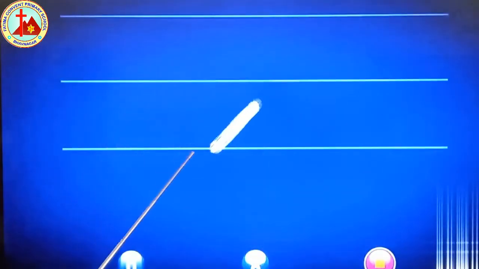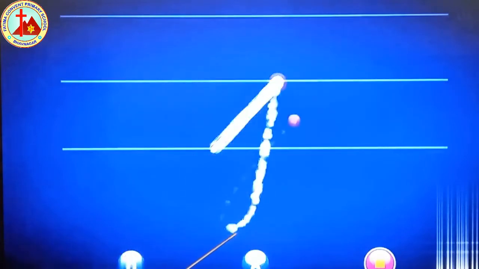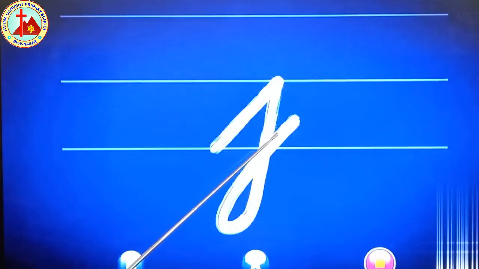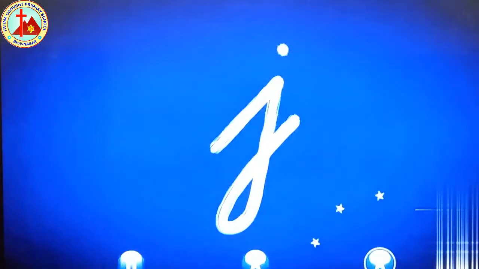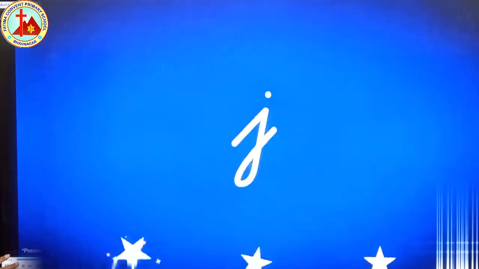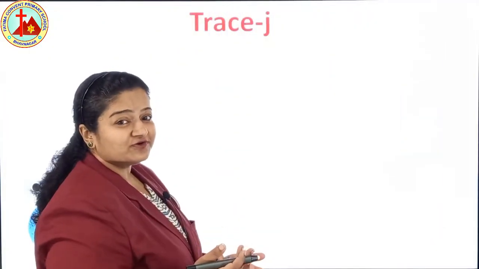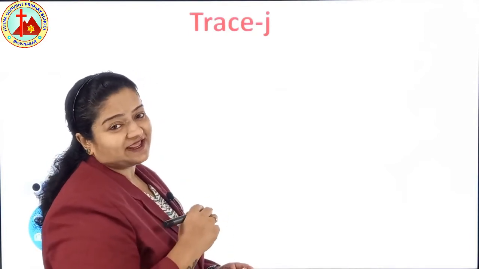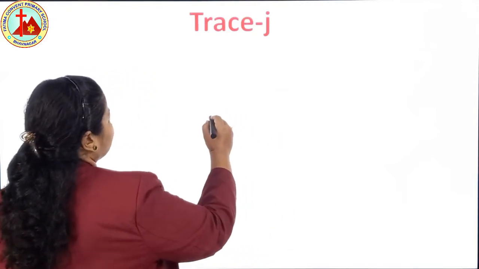See, this is two blue lines, slant line, come down, take a small loop, go up, put dot, cursive J. J says J. Yes. First what to do? Yes, we have to trace. Then we'll learn correct formation. Come on.